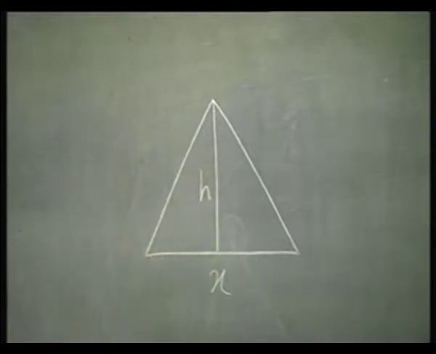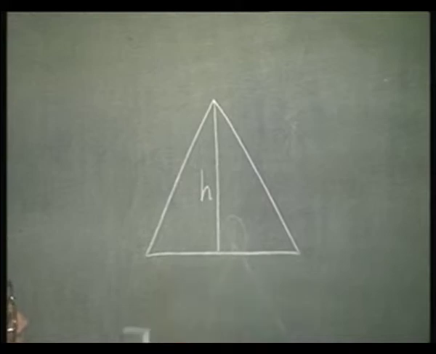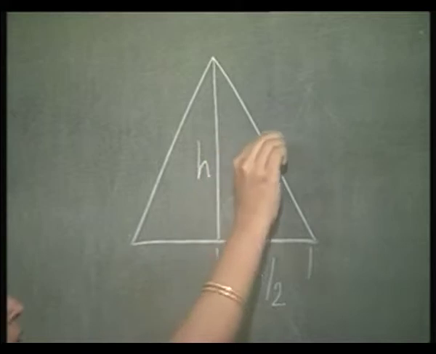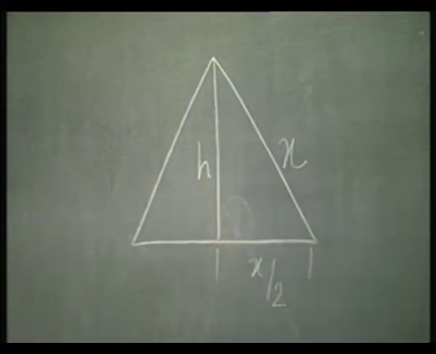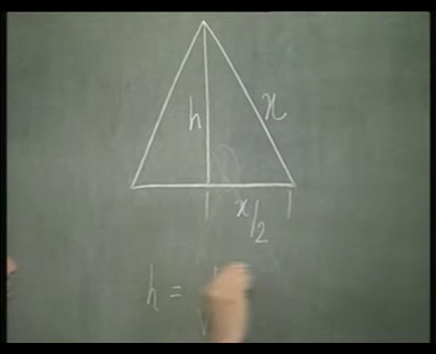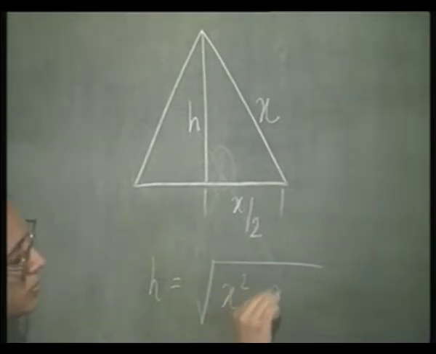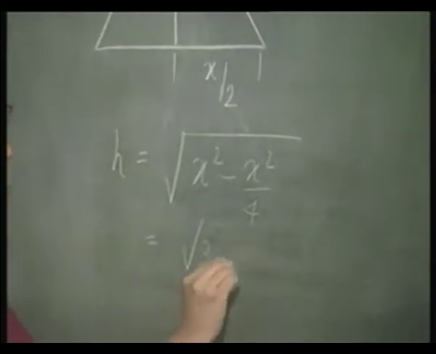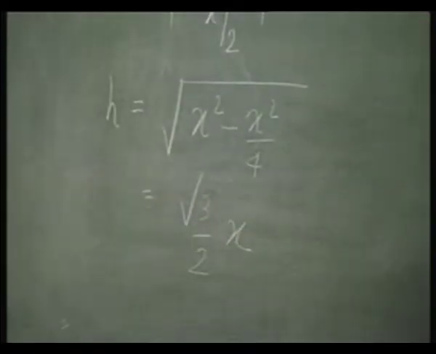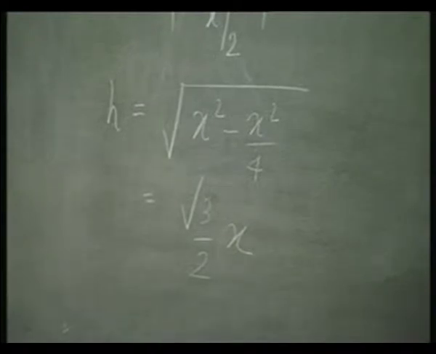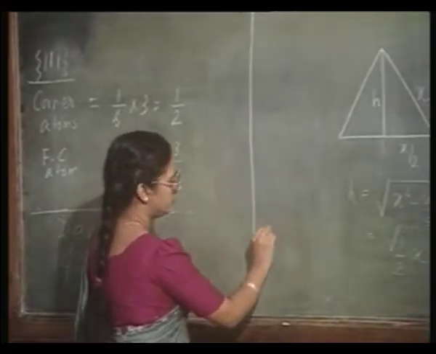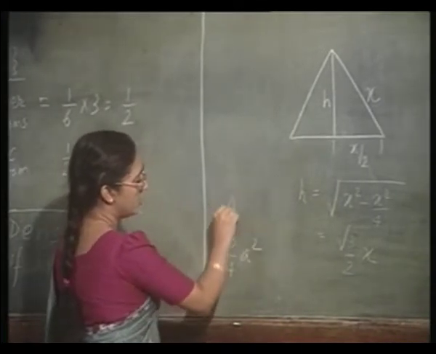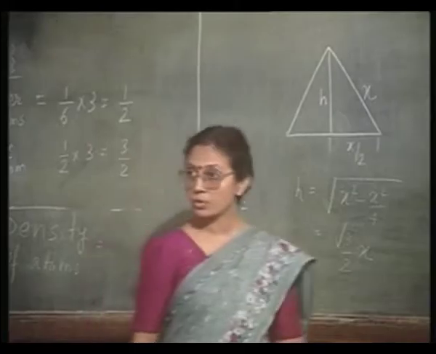Since this is an equilateral triangle, this is going to be actually x by 2 and this is x. Therefore, h is root 3 by 2 x. Therefore, the area of this triangle will be given by root 3 by 4 x square, right, because x is actually root 2 a.